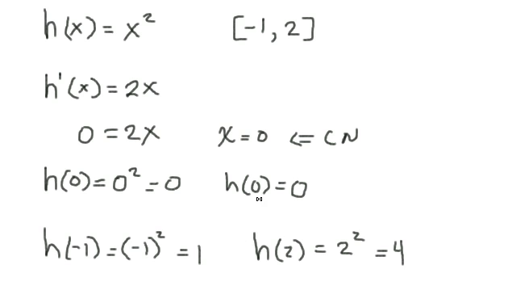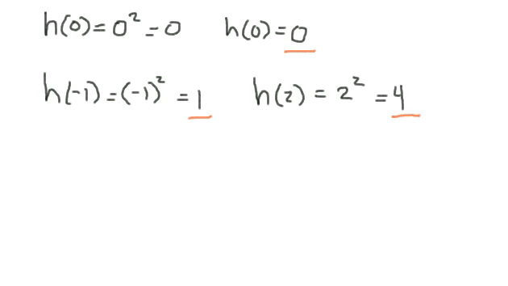So these are the numbers that we're looking at. As you can see, a maximum is occurring here because this is the largest number of the three, and the minimum, the smallest number, is our 0 here. So easy enough.